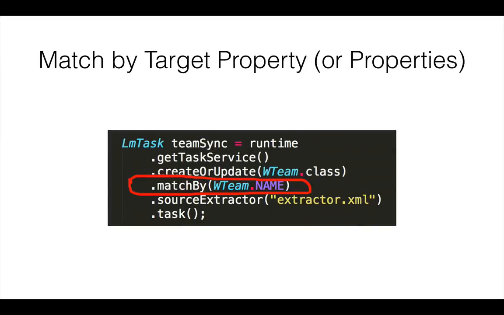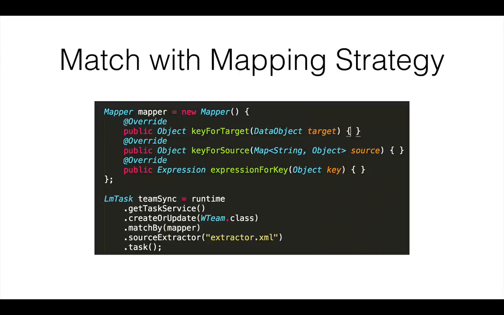So you can actually match by any unique attribute, really. But you need to tell LinkMove explicitly which attribute to match upon, and this can be a combination of attributes, so you can pass multiple attributes. Or you can write something called a mapper, which maps both source and target to some keys that you can compare. It gives you a key on the source end and a key on the target end, and then LinkMove algorithms can just compare those keys between source and target.